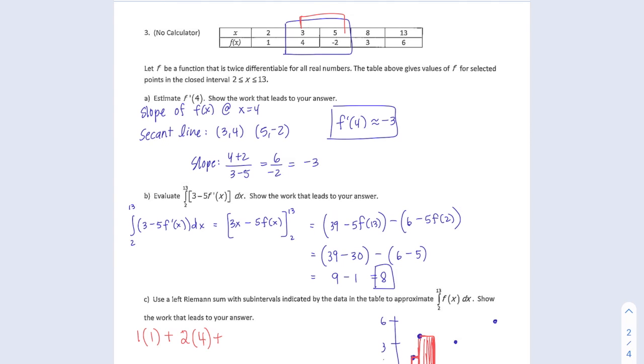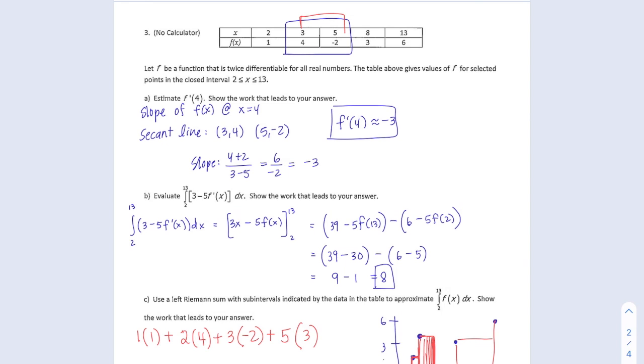Our next one is going to be negative because of that left endpoint. So it's starting at 5 going to 8, so that's a width of 3, and it's going to have the left endpoint as the height, so negative 2. And our last interval has a width of 5, and we're going to use our left endpoint, which is 3.